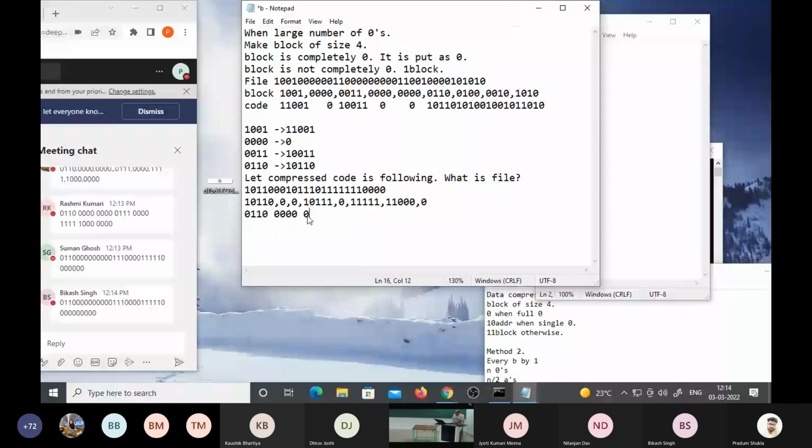This 0 is also 0000. This 1 is 0111. This 0 is 0000. This 1 is 1111. This is 1000. This is 0, 0, 0, 0.